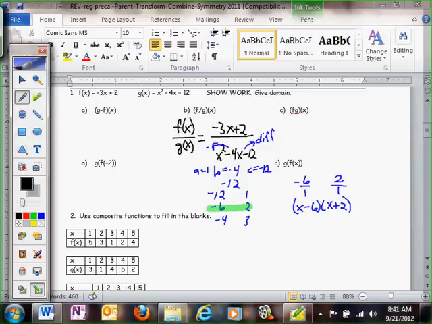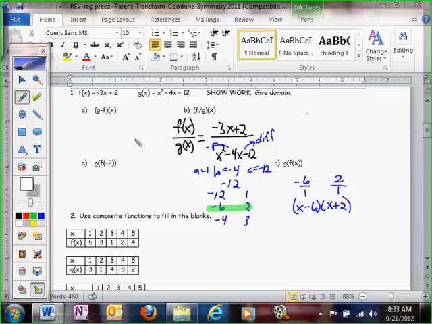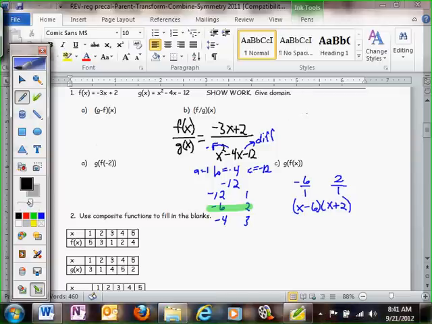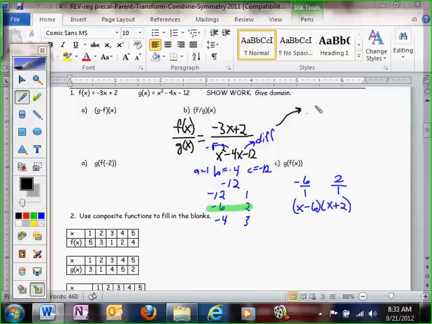So what I have to do is go back and plug this in to my denominator. So I have negative 3x plus 2 over this thing down here that I factored, x minus 6, x plus 2. And so now I ask myself, does anything factor?